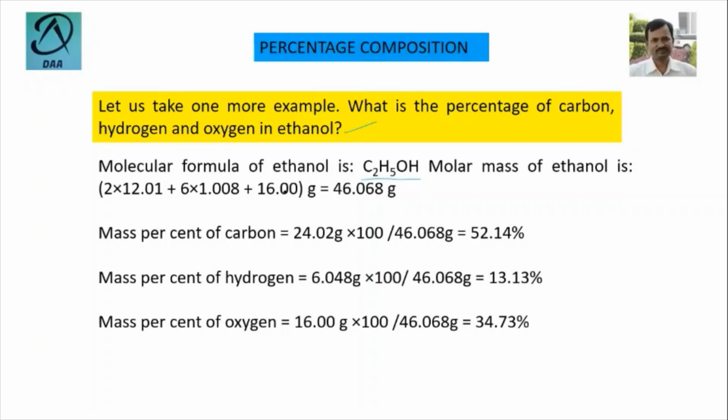For the molar mass of ethanol, there are 2 carbons, so 2 multiplied by 12.01, plus 6 hydrogens, 5 hydrogens plus 1 hydrogen, so 6 multiplied by 1.008, plus 1 oxygen, so 1 multiplied by 16.00 gram. If you calculate, you will find 46.068 gram is the molar mass of ethanol.